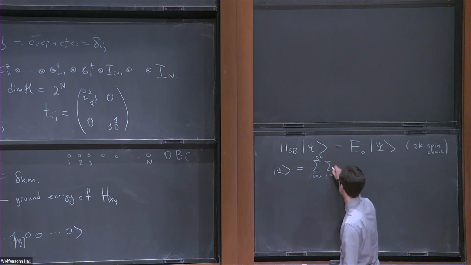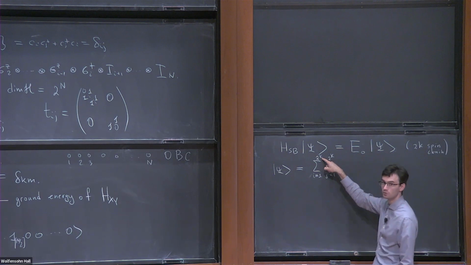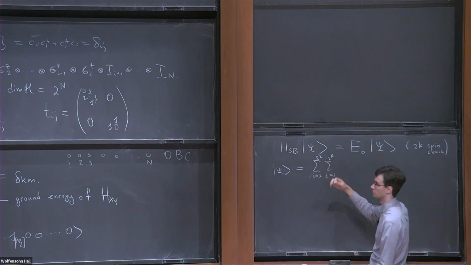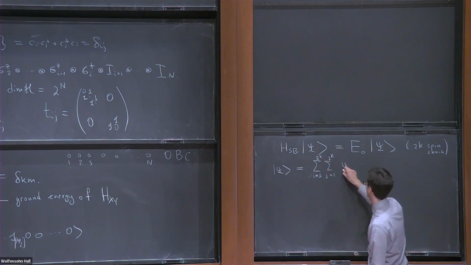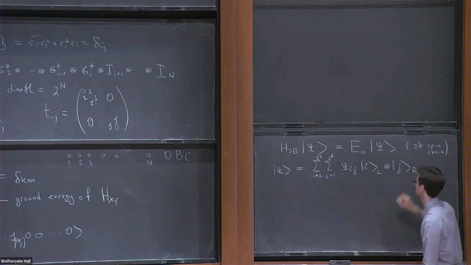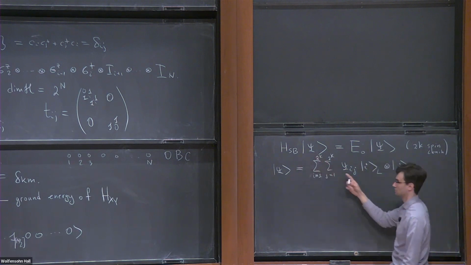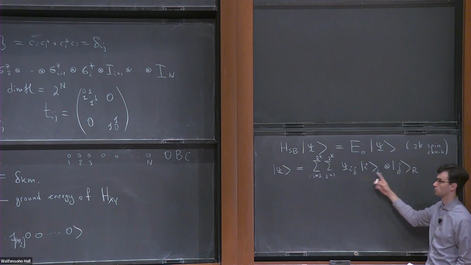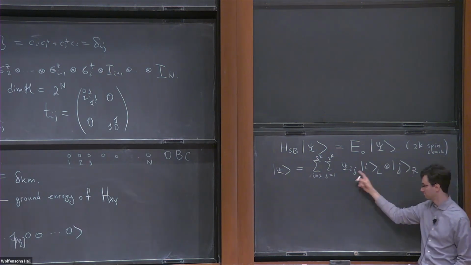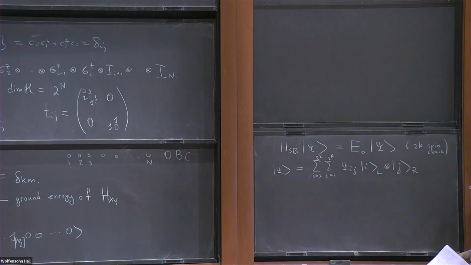So it will be a sum over i and j from 1 to 2 to the k, where 2 to the k is the Hilbert space dimension of the left and right blocks. There will be coefficients psi ij, and here i left times j right. So I can always write my ground state of this superblock as a tensor product of states of the left and right blocks, multiplied by coefficients psi ij.